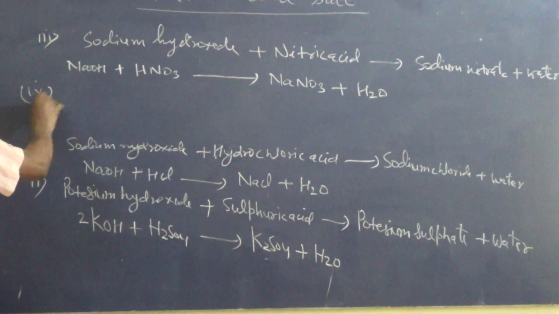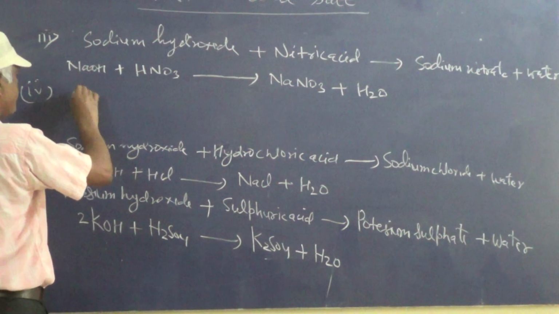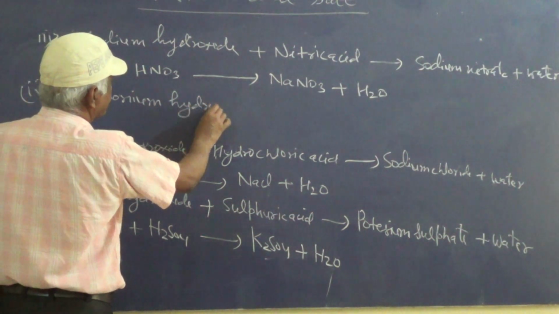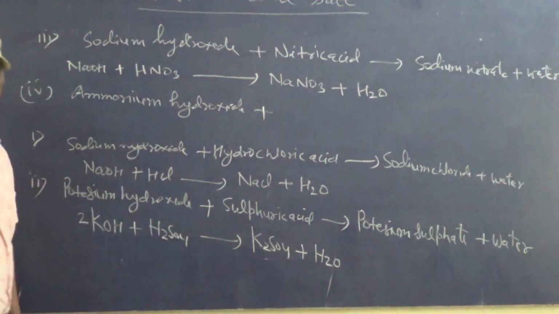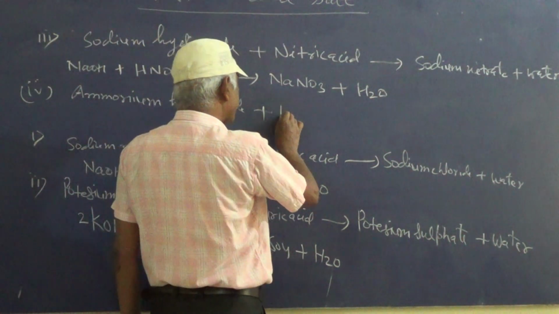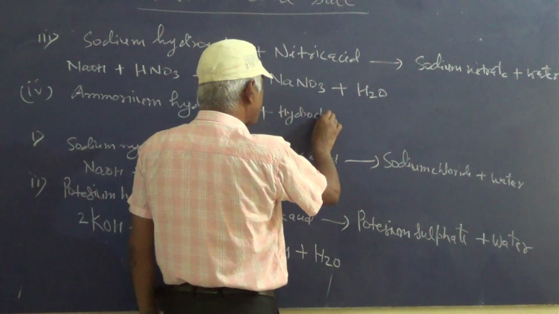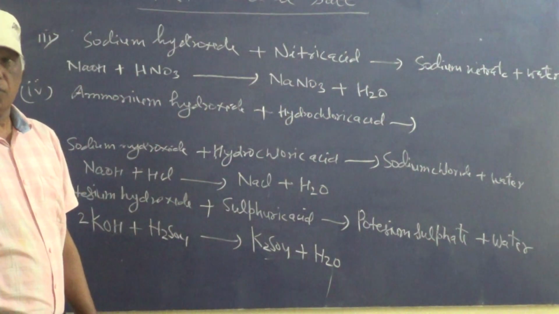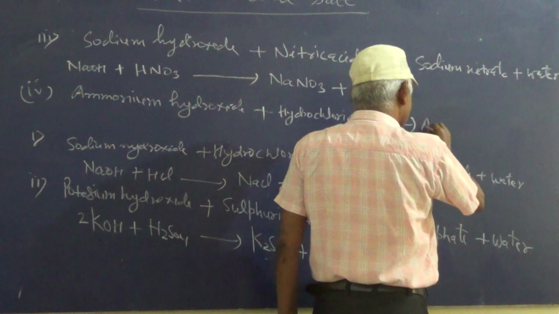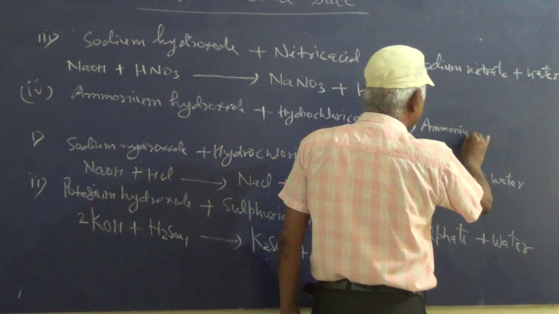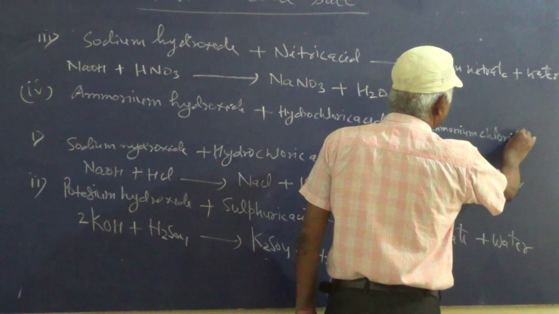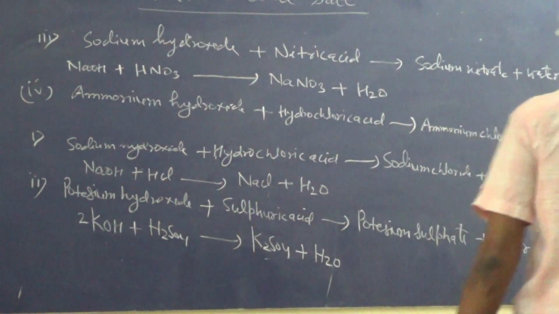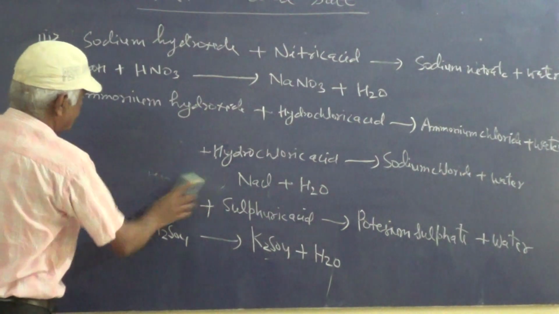Similarly, ammonium hydroxide reacts with hydrochloric acid to give ammonium chloride and water. Write this equation in chemical equation.